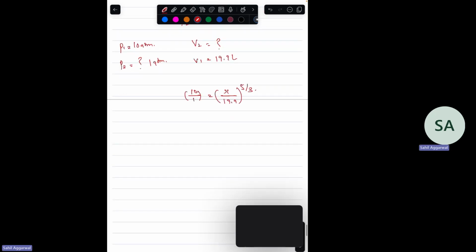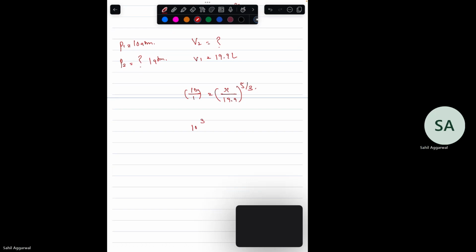How do we solve this? We'll multiply both sides by power 3/5. So this will get cancelled out. X by 19.9 would be equal to 10 to the power 3/5, which is given as 3.98.